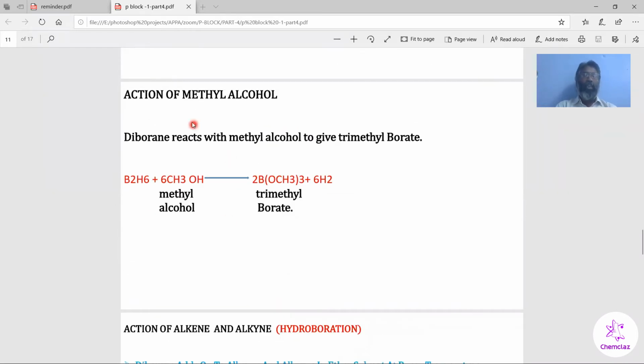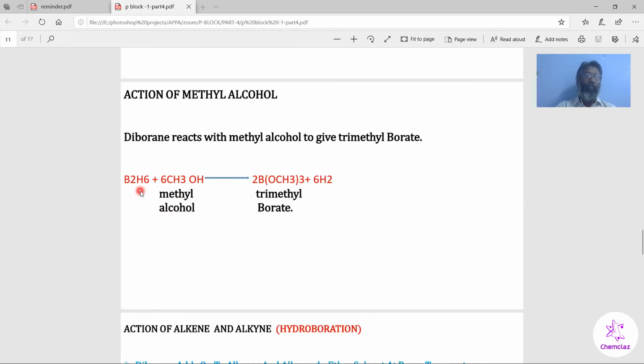The next one is action of methyl alcohol. Diborane reacts with methyl alcohol and gives trimethyl borate. We have already seen the ethyl borate test. In that test we took ethyl alcohol, but here we have taken methyl alcohol.